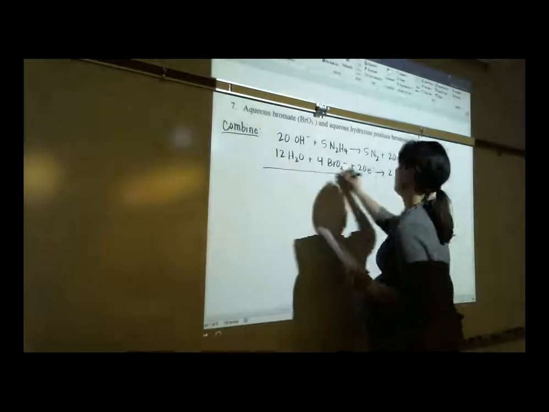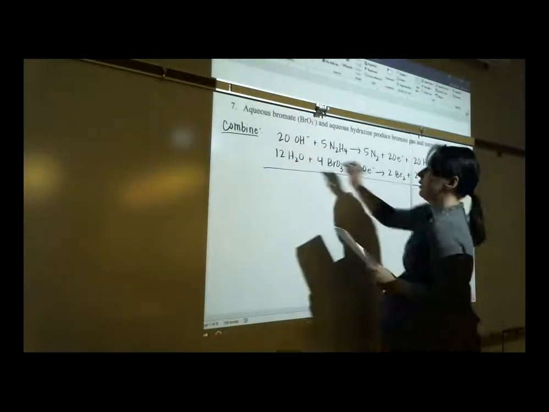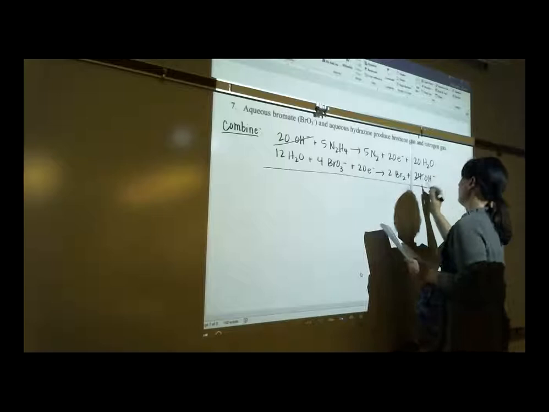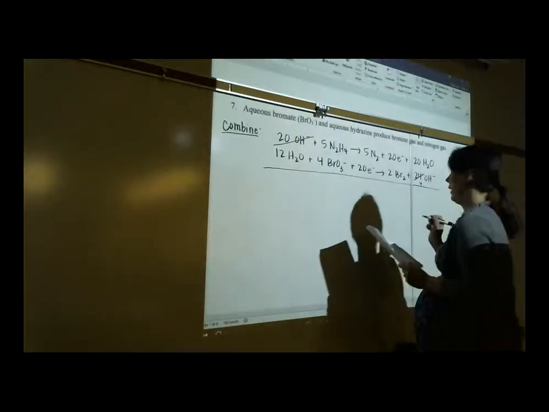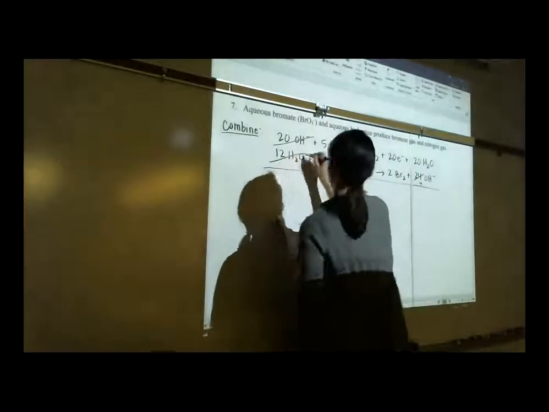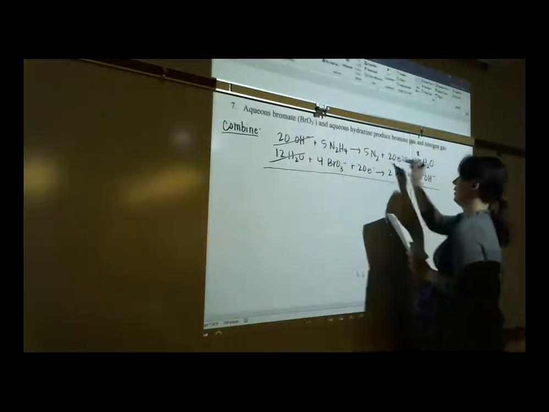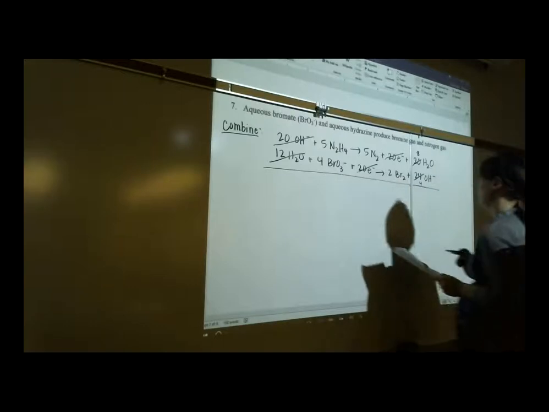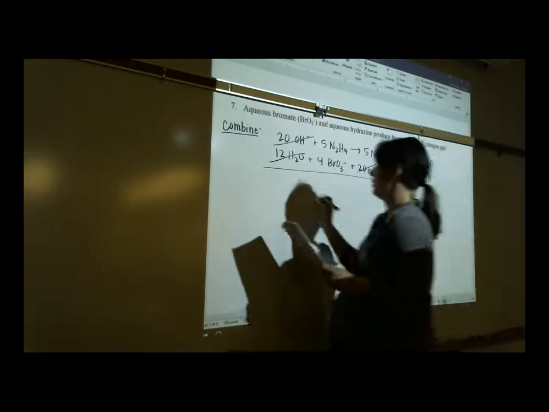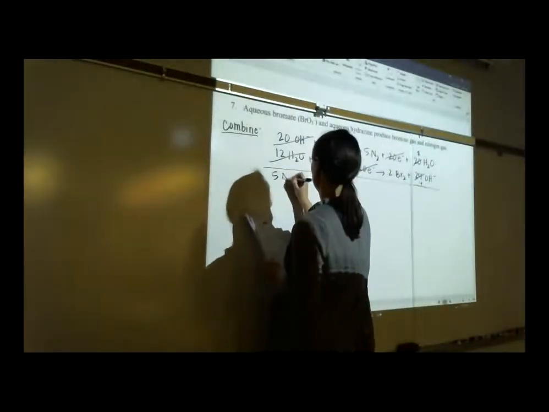All right, now let's do some condensing. 20 from 24 gives me 4, and 12 from 20 gives me 8. And my electrons cancel out. So I'm left with the final answer.